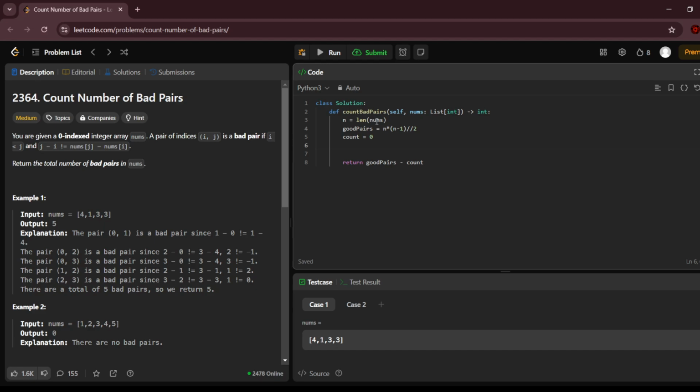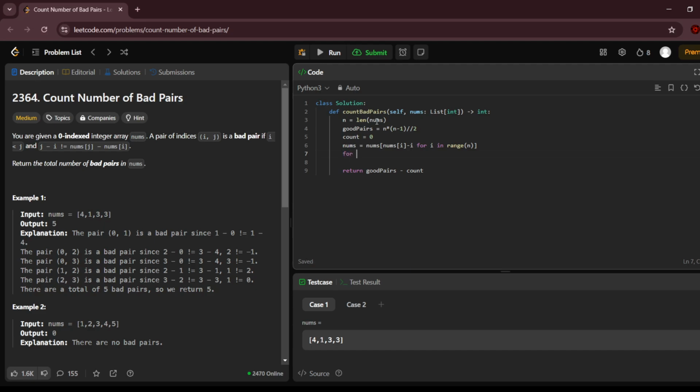So as discussed, we can modify our nums array. So we can say nums is equal to nums of i minus i for i in range n.